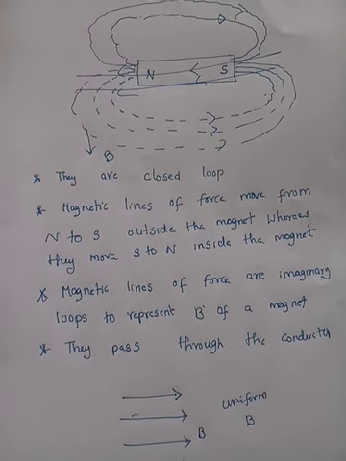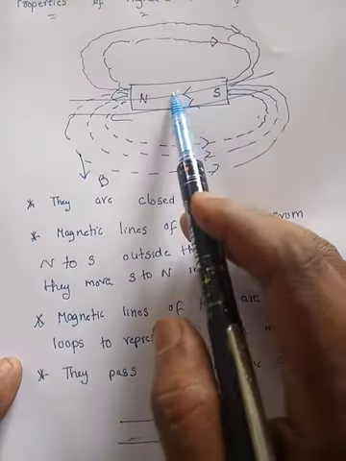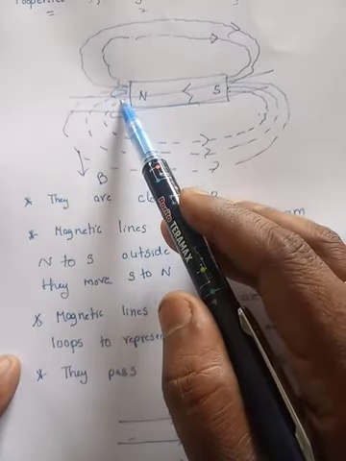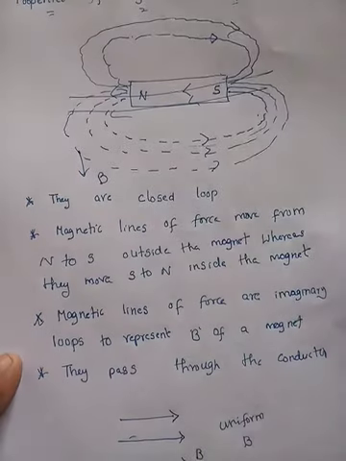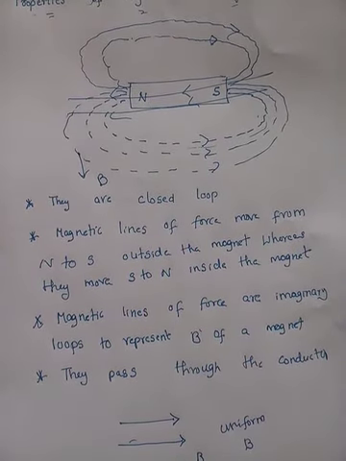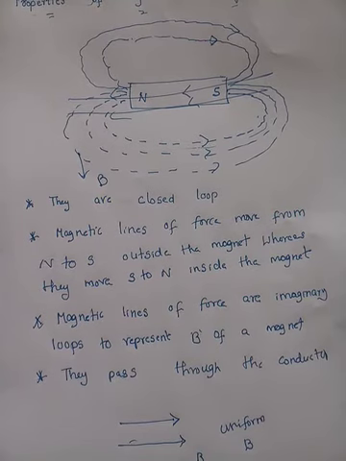What are they? First, if you want to draw magnetic lines of force, what are we going to do? We place a north pole here. It moves along which path? If you draw lines, those are called magnetic lines of force. Why are we drawing this? Because to represent the magnetic field of a magnet. Is it right?